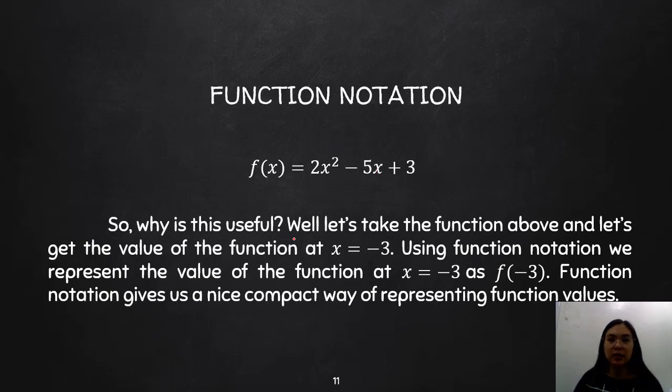Let's take the function above and get the value of the function at x equal to negative 3. Using function notation, we write it as f of negative 3. Function notation gives us a nice compact way of representing the values of the function.